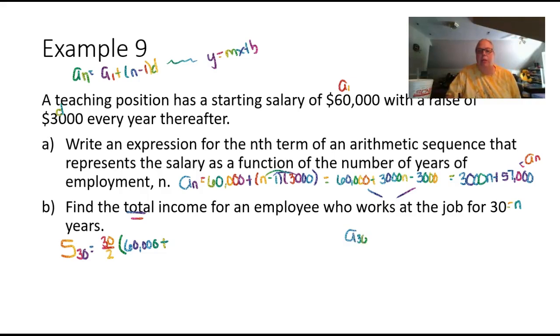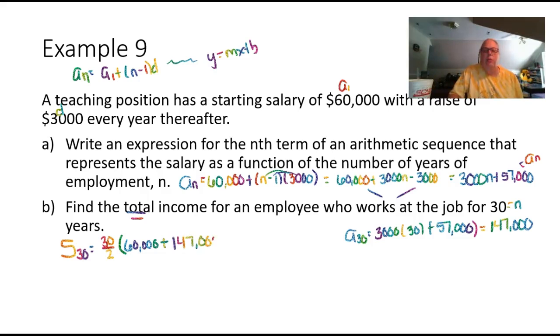A sub 30 is going to be equal to 3,000 times 30 plus 57,000. All right, this is going to give us $147,000. All right, so there's our 30th term, $147,000.